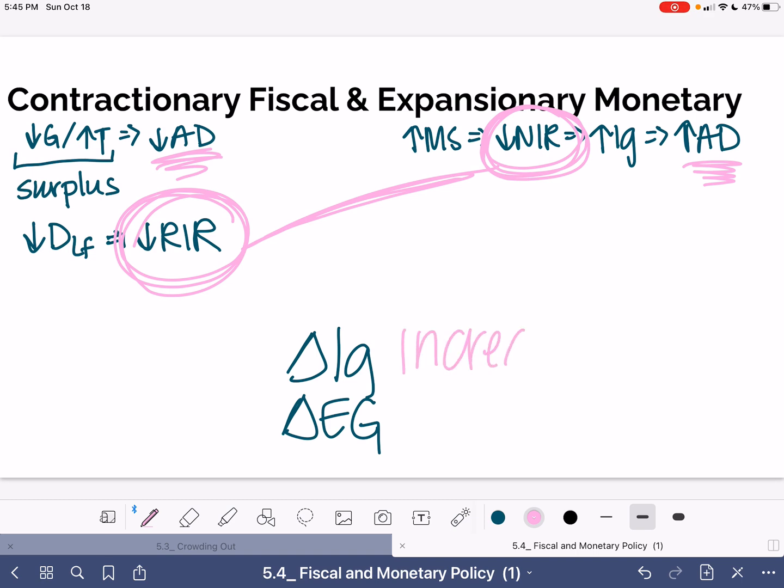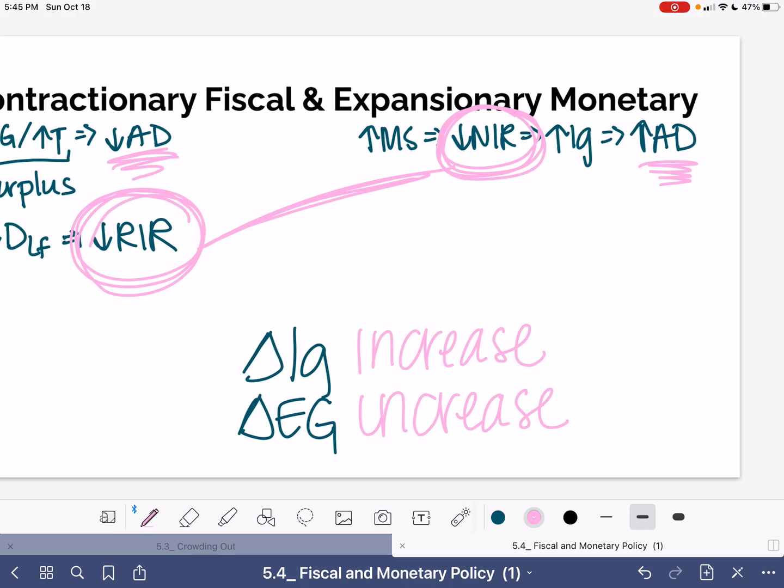Well, it will increase. And if we have an increase in investment spending, so we're purchasing more capital goods, more real estate, more things for growth, what's going to happen to economic growth? Well, it will also increase. So we do have some conflicting movements for aggregate demand, but our interest rate changes are going to show an increase to investment spending and an increase to economic growth.